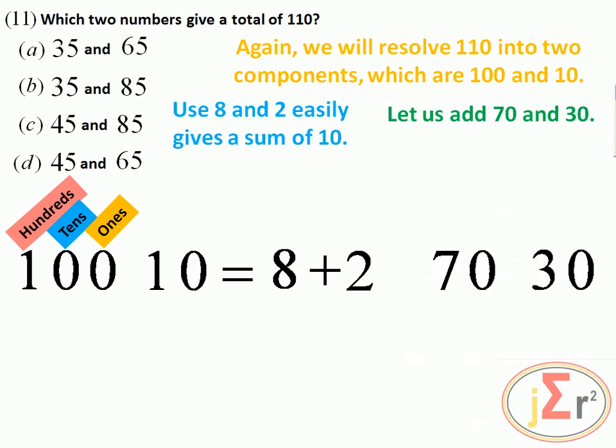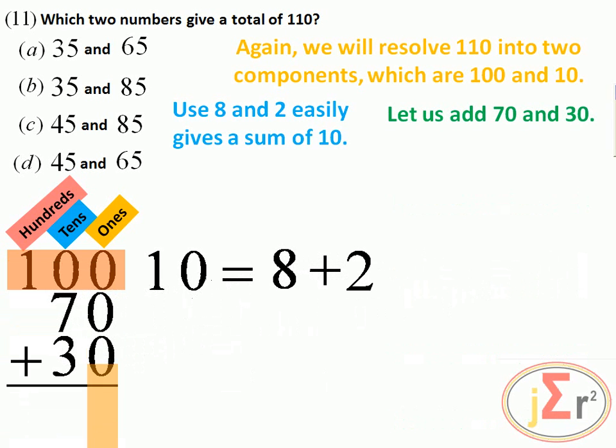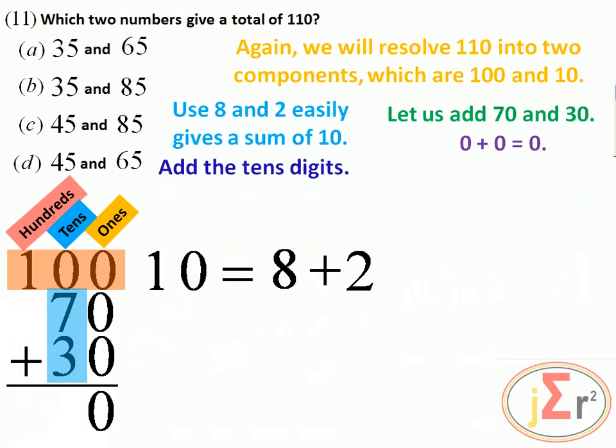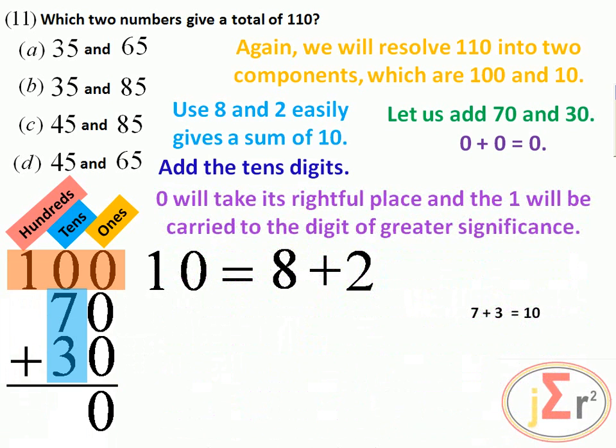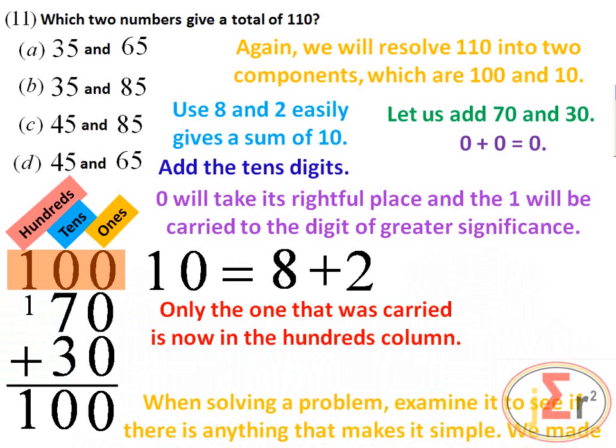So let us add 70 and 30. 100. 100, as we did before. Add the tens digit. 7 plus 3 is equal to 10. Only the one that was carried is now in the hundreds column, so we will cause it to take its rightful place.